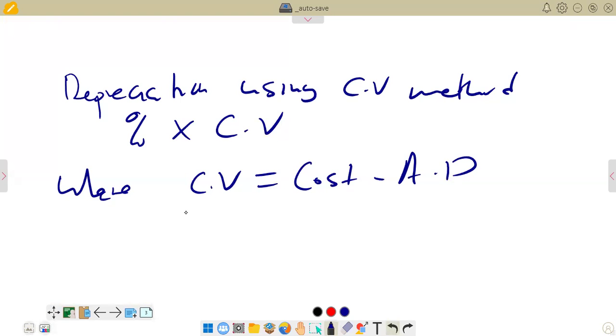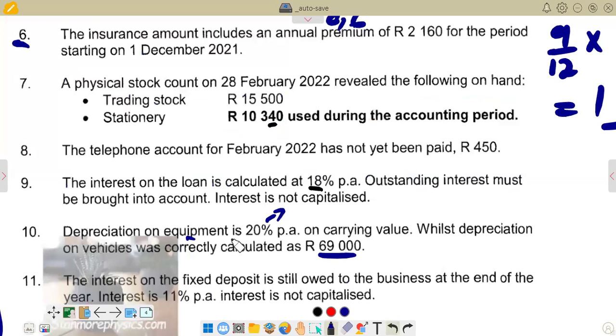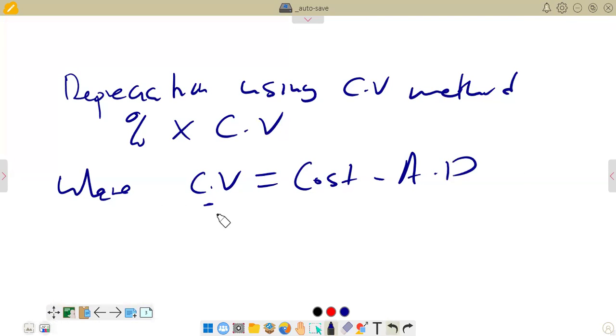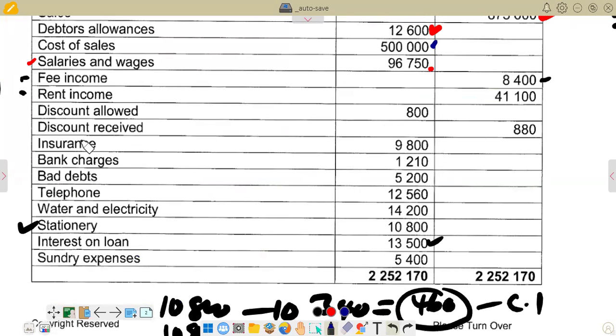So basically, we are first supposed to find the carrying value, then apply the percentage that we are given, which is 20%. So we are going to use 20%. What we are going to do first is calculate the carrying value. So we look for the figure for cost. We go up there to check the figure for cost for equipment.